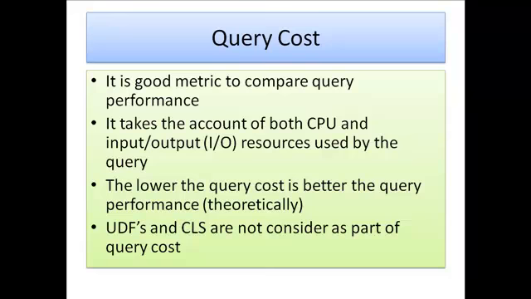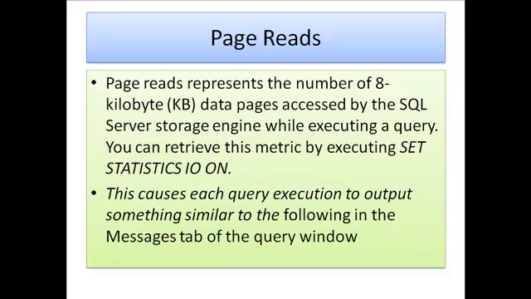One important thing to remember is that, theoretically, the lower the query cost, the better the query performance. UDFs and CLRs are not considered part of the query cost. If you use user defined functions, obviously that is not part of the query cost.